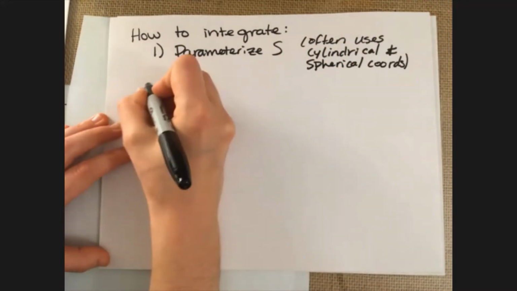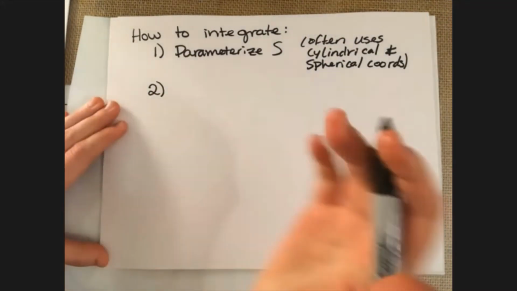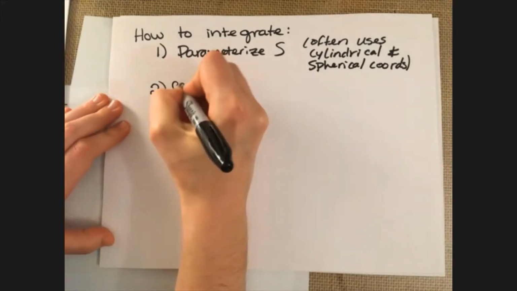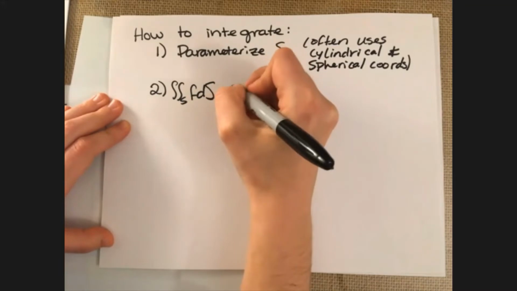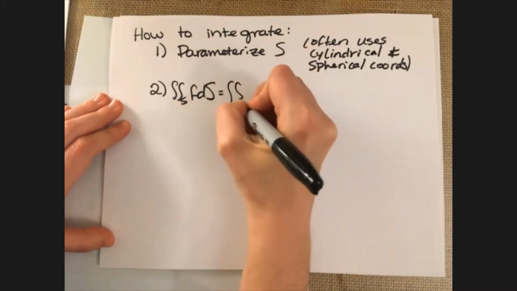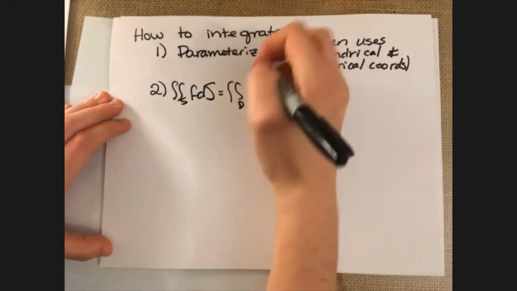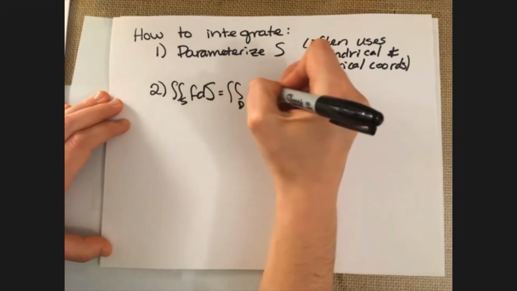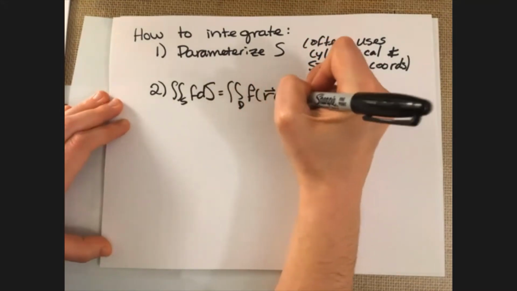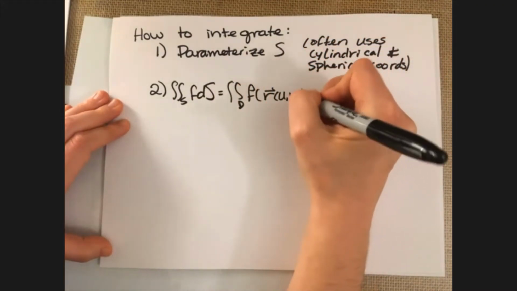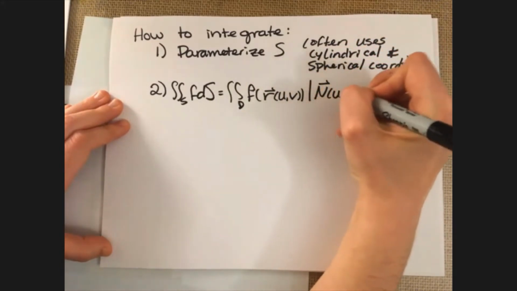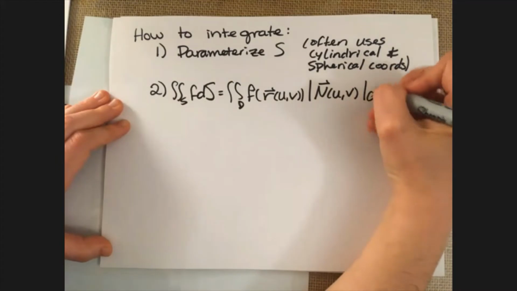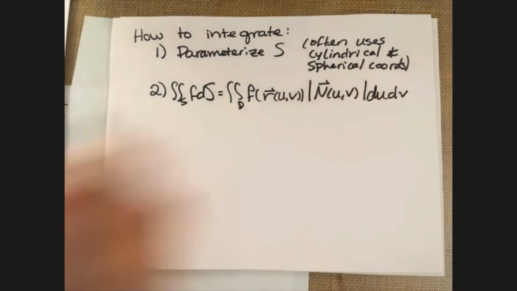And then the next piece, which is actually the formula that we're going for, our double integral over S of f dS is equal to the double integral over a domain D, and I'll tell you what that is in a second, of f of a parameterization of the surface, which is r(u,v), times the length of N(u,v), du dv. Okay, so let's break this down.